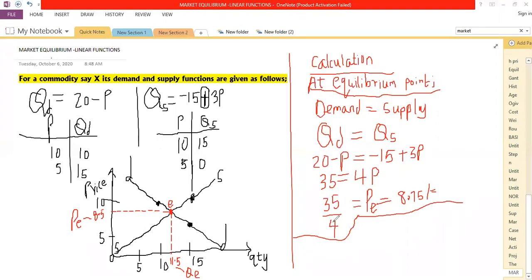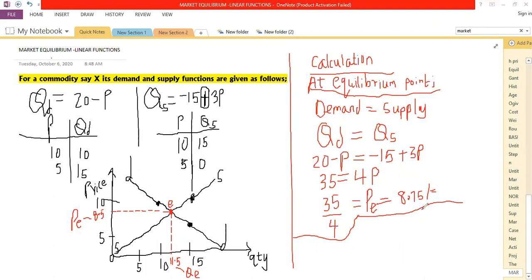I repeat, substitute the figure found in either the demand or supply function so that you are now able to identify the other variable. In our case, we are looking for the equilibrium quantity.